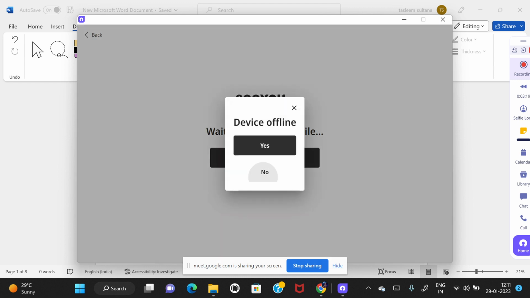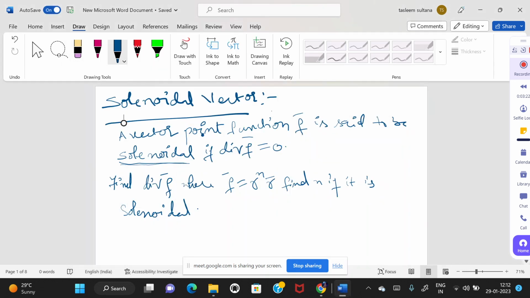Equate divergence of f equal to 0 and find that n. Yes.